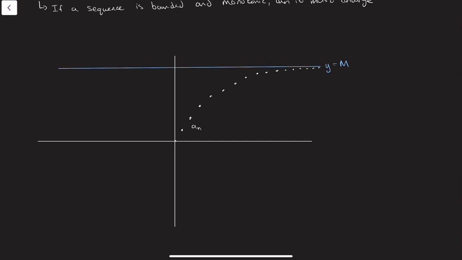So because it's bounded and monotonic, it converges. We have an increasing function that is bounded, it must converge. And it will converge to the value of m. So we would say that the limit as n approaches infinity of an is equal to m.